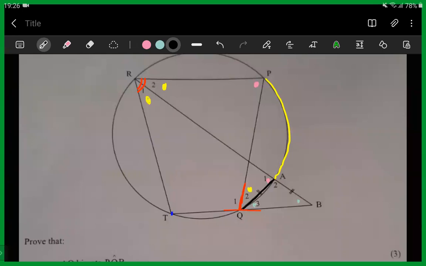We need to tell them that the whole of angle R is equal to PQB, right? The reason is exterior angle of a cyclic quad.